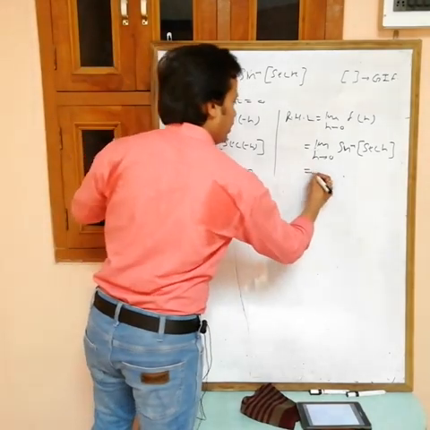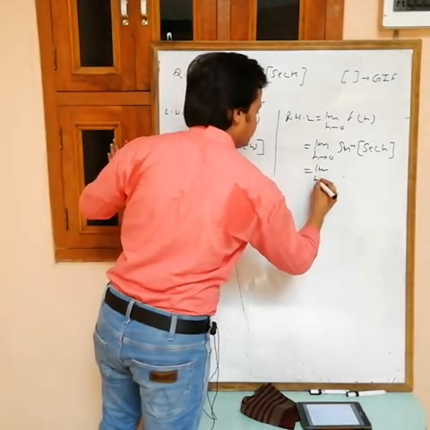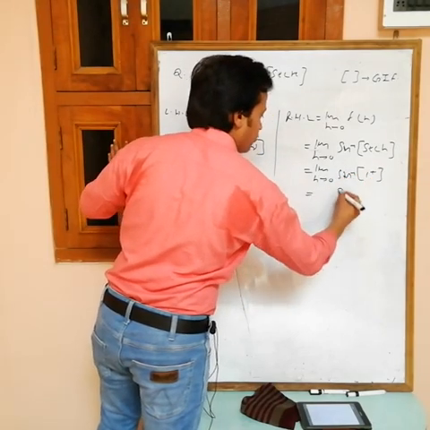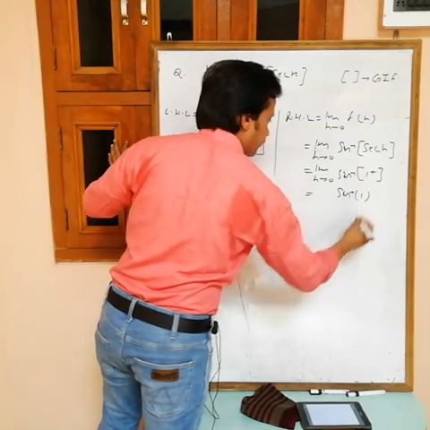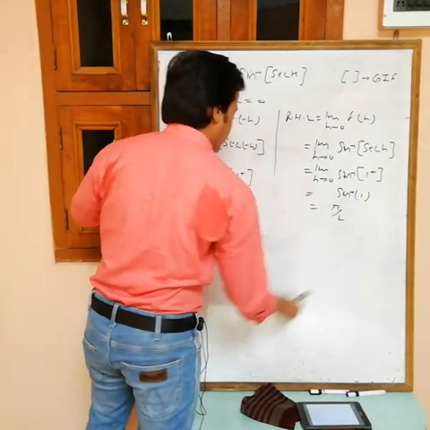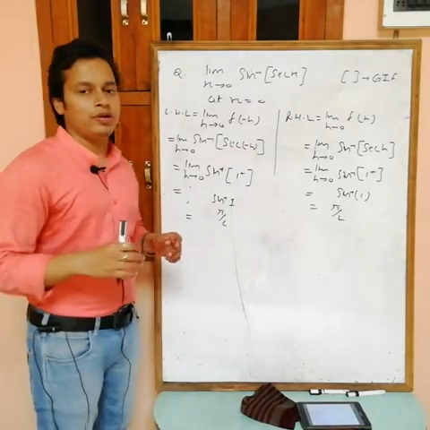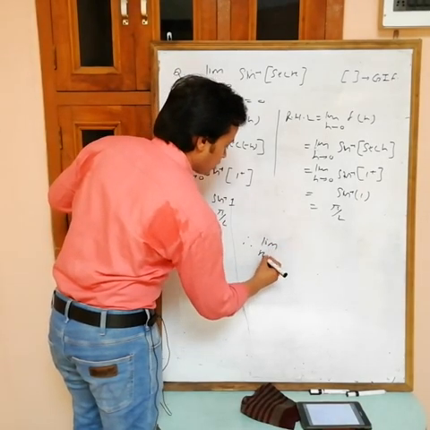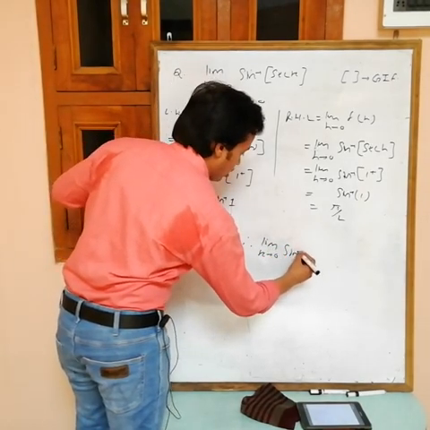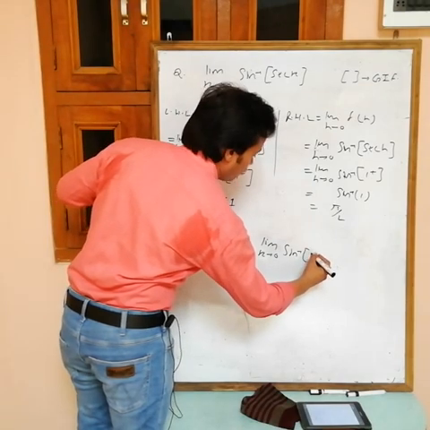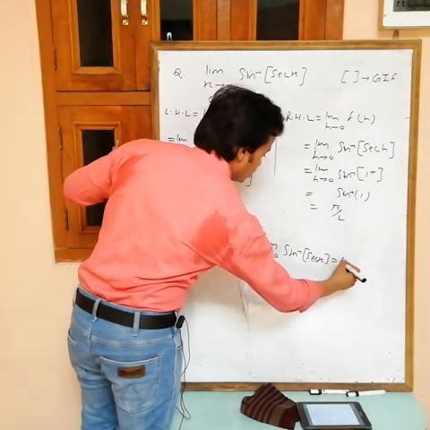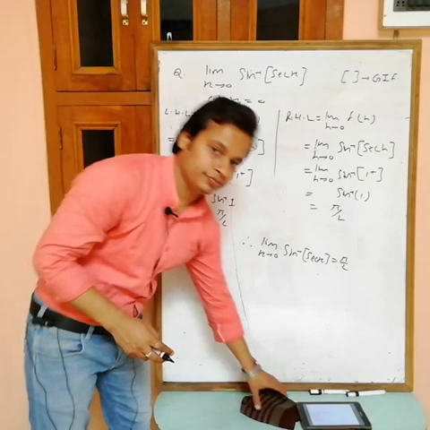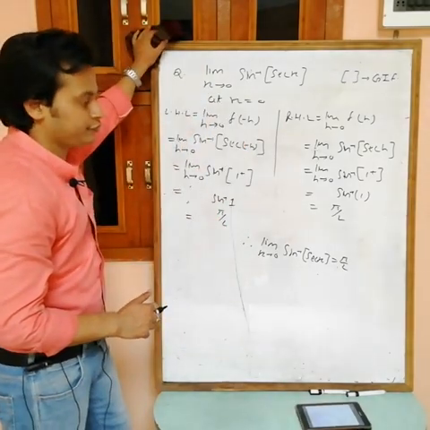Similarly here, limit h tending to 0 of sine inverse of sec h, which is 1 plus; again the greatest integer of 1 plus is 1, and sine inverse 1 is pi by 2. So both are equal to pi by 2, so the limit is pi by 2. Limit x tending to 0 of sine inverse of the greatest integer of sec x is equal to pi by 2. Write it down. Done.